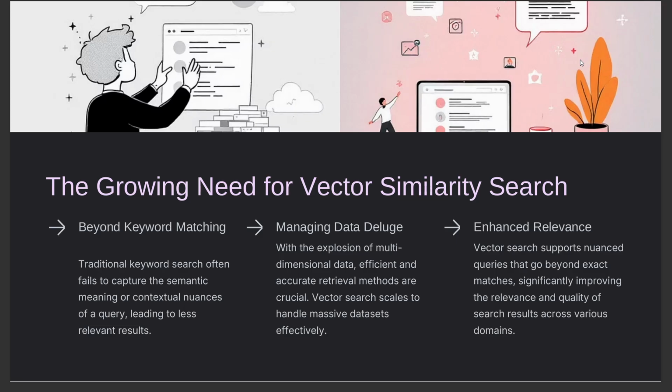Now we learn about the growing need for vector similarity search. Why do we need vector similarity search? There are three main reasons. First, going beyond keyword matching. Traditional search engines rely on exact keywords, which means they often miss results that are contextually relevant.